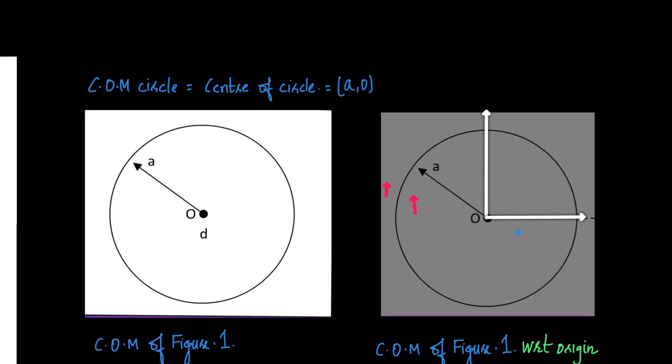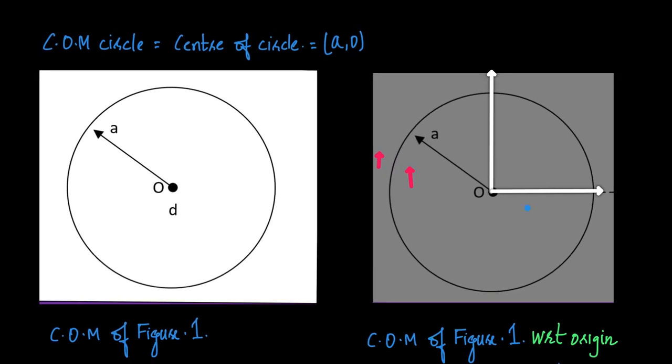For figure 1, the center of mass of the circle is the geometric center, which I write as x comma y. Since the center of mass of figure 1 is x comma y and not x1 comma y1, what is x1 comma y1? x1 comma y1 is the center of mass of figure 1 with respect to the origin.